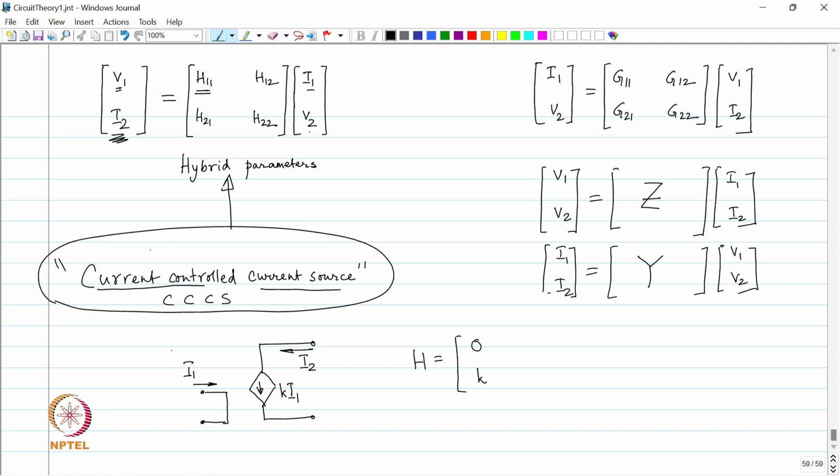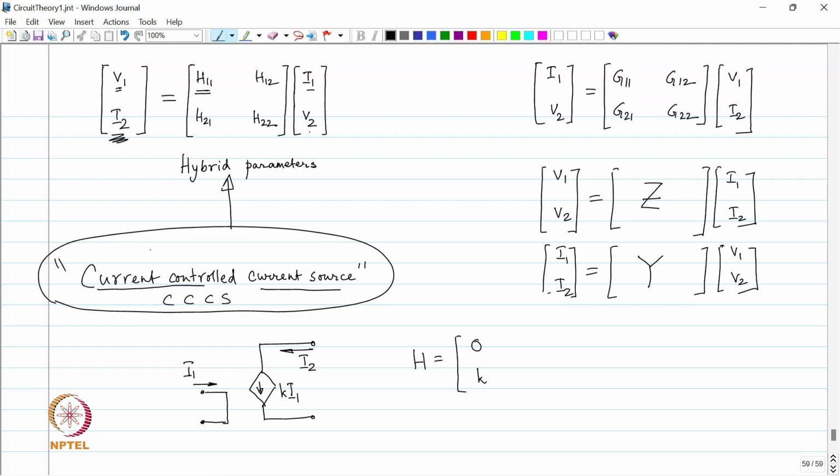So, we were trying to develop this ideal current controlled current source, H parameters. First experiment was short circuit port 2. I1 is 1, V2 is 0. So, what do I do to port 2?